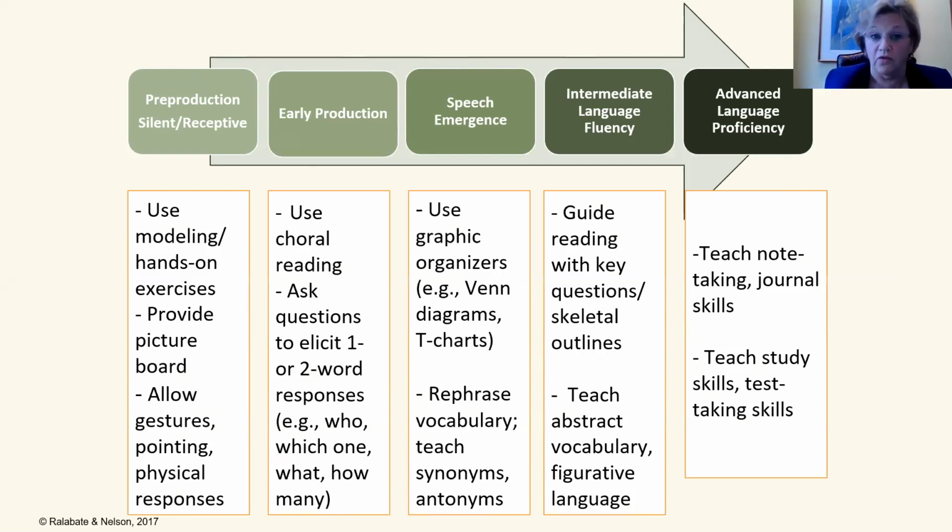We need all of us to be responsible for teaching them language. If you're a science teacher, if you're a social studies teacher, you're also a language teacher for an English learner in your classroom. So knowing how to support their language development through the 5 stages is a really important thing to do.